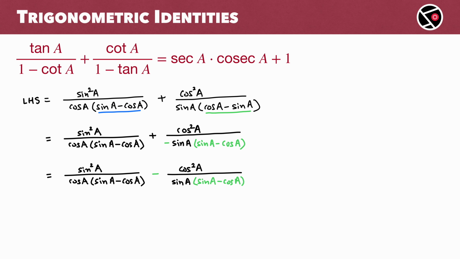minus cos A. Moving further, the LCM is cos A sin A minus cos A, and the numerator becomes sin cube A minus cos cube A. This is a difference of cubes, and that reminds us of this identity.